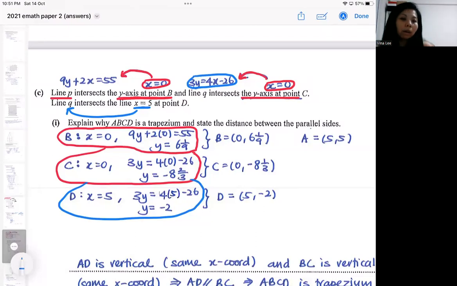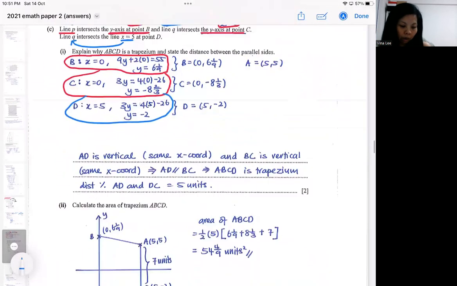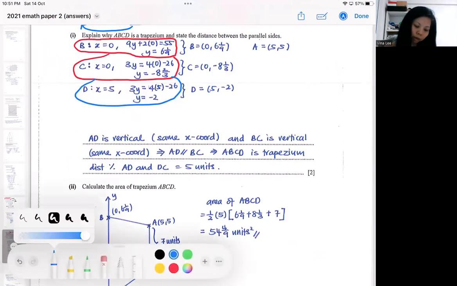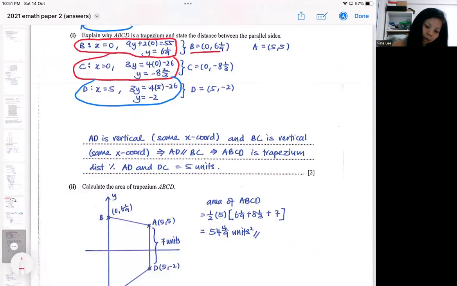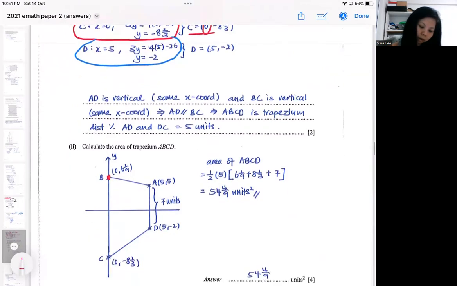At this point, if you still cannot visualize the trapezium, it's all right. If you need to, you can just draw it up. So this is exactly what I've done. I've gotten my B and C. They have the same x coordinate. So it turns out that one is here, one is here.